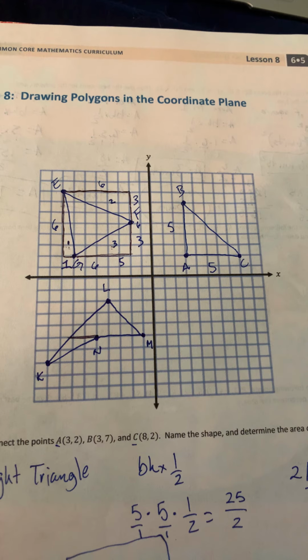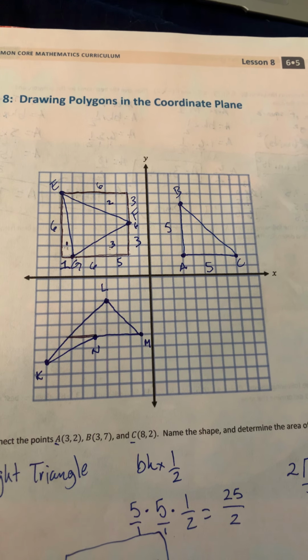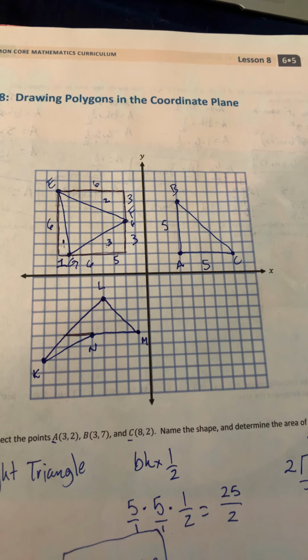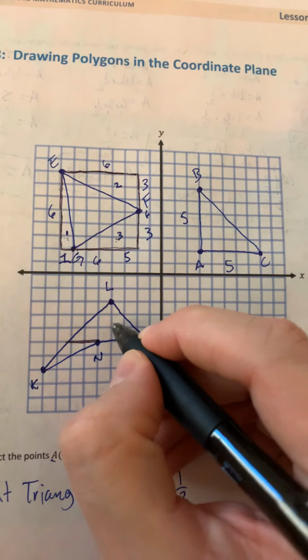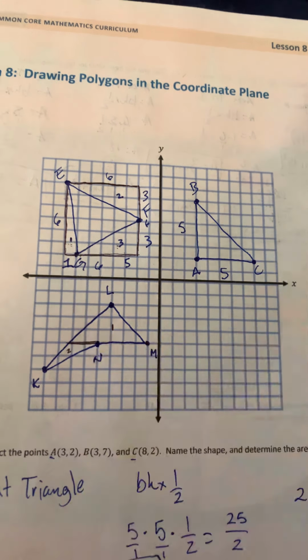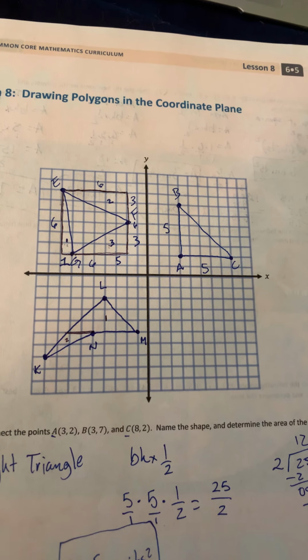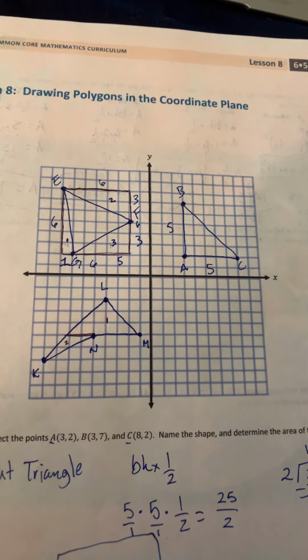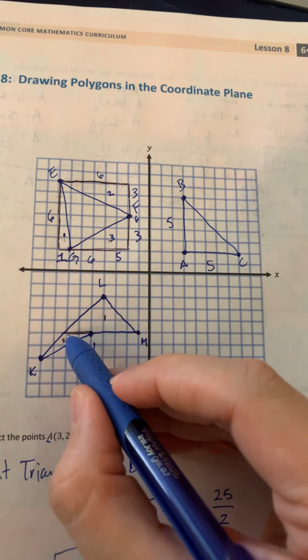That's pretty cool. So I'm going to make this triangle 1 right off the bat, and I'm going to make this triangle 2. Now I'm going to count the base and the height. I'm going to start with this one. What's the base? Let's see.